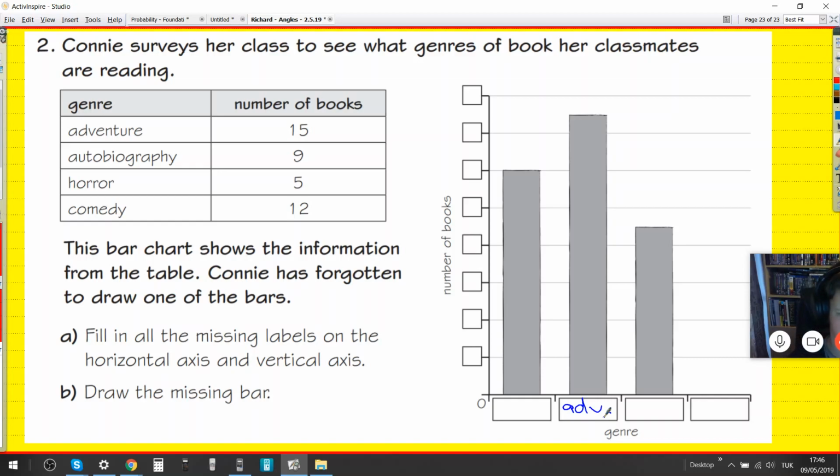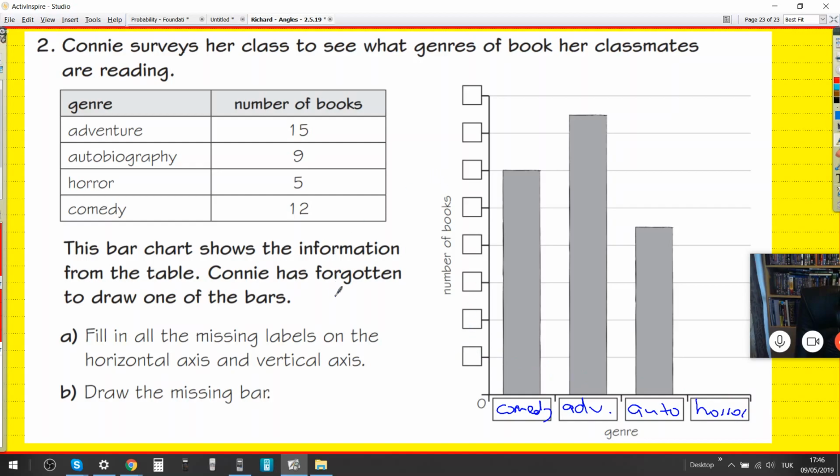So the comedy one must be the second biggest, like the second biggest line, and then followed by autobiography. And so the missing one must be horror.